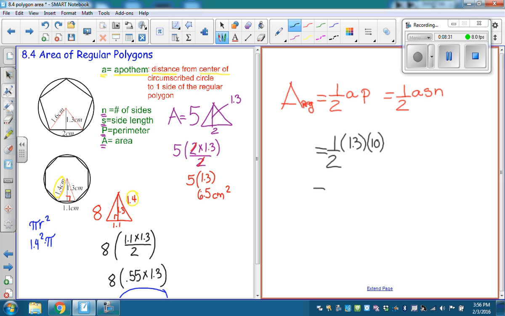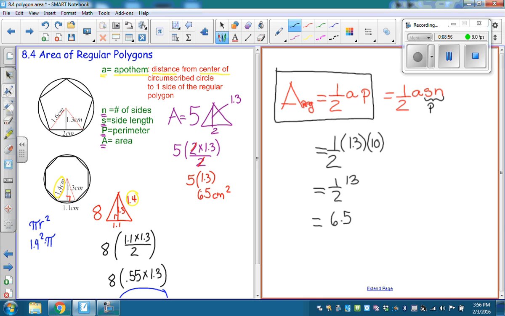And in this case, 1/2 of 13, I still get 6.5. So there are times that you might prefer this formula. Some of you may just always think about it as 5 triangles. And then this is just the perimeter, the side length times the number of sides.